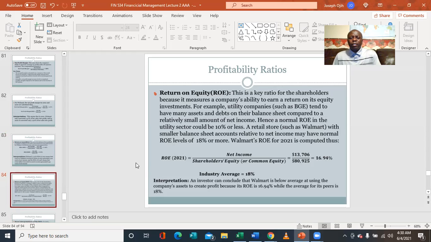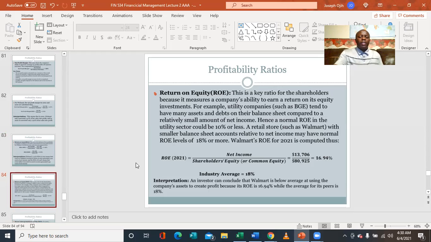But a company like Walmart may have a return on equity as high as 18% or more because they do not invest in heavy equipment, which is usually bought using loans. So the way we use it depends on the industry. What is high for one industry may be low for another industry. That's what I'm trying to say here.